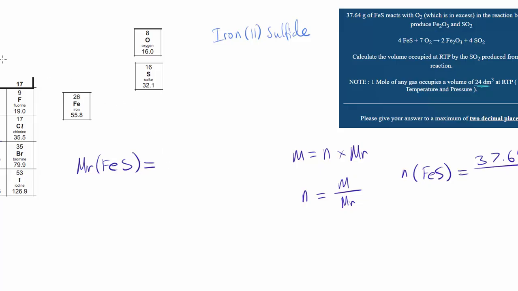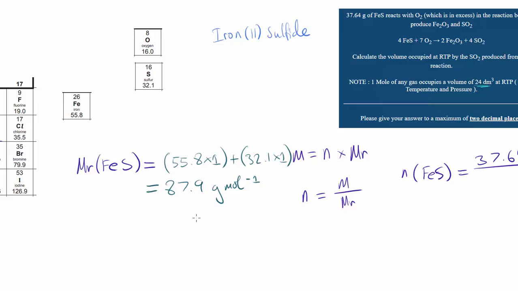So if we do the arithmetic for that, that's going to be effectively 55.8 times 1, because it occurs once, plus for the sulfur, 32.1 times 1, and if you work that out, you find that comes to 87.9, and that's going to be in the units of grams per mole.